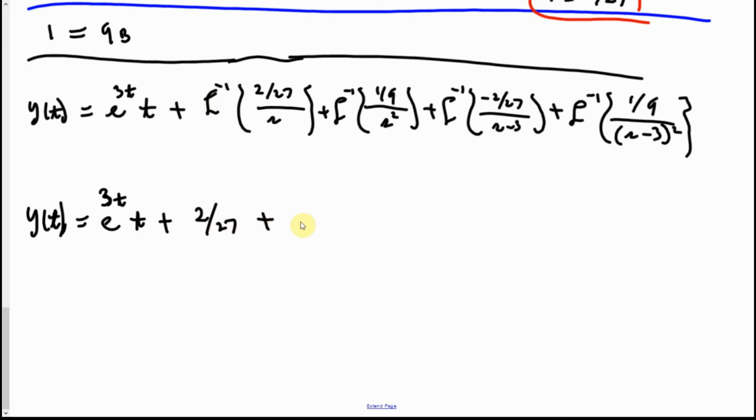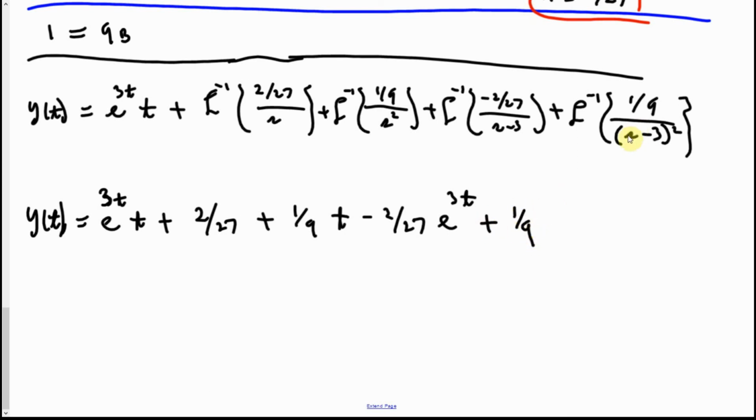Plus 1 over 9, the inverse transform of 1 over s squared is just t, and then this is minus 2 over 27 times e to the 3t, which repeats itself here, so that's where it's applied a t times that, right? Okay, then this is plus 1 over 9.